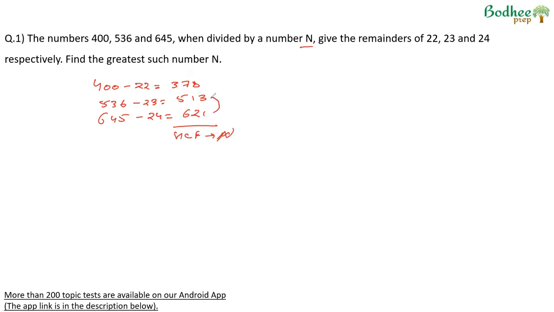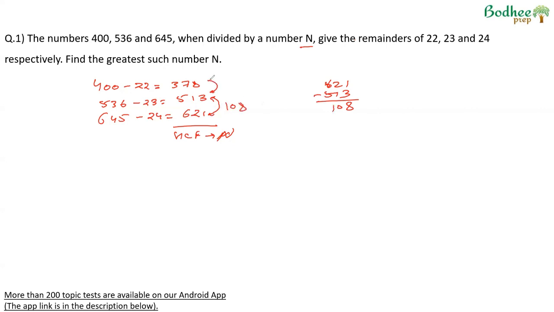If we look at the difference between these two numbers, 621 minus 513, this becomes 108.